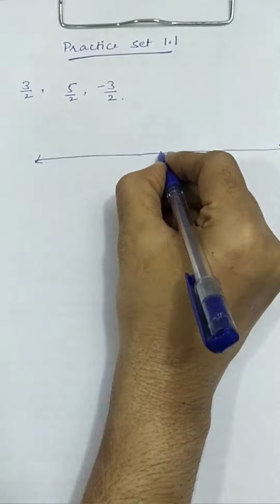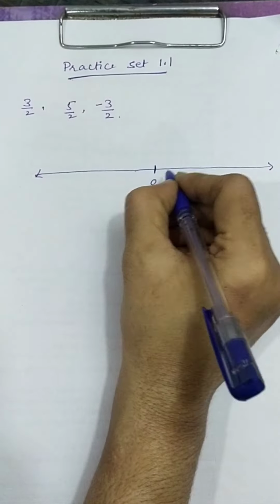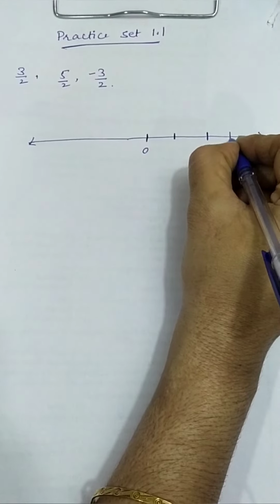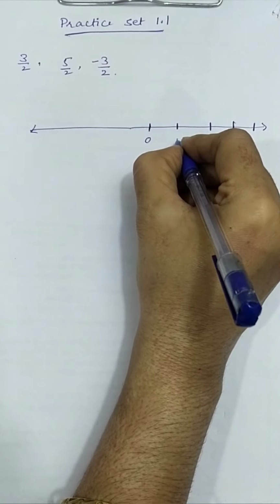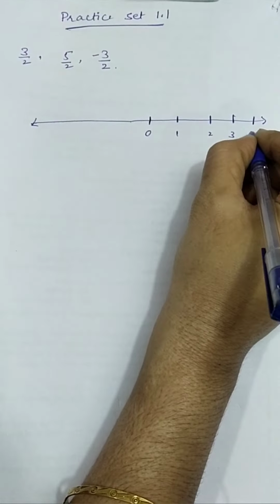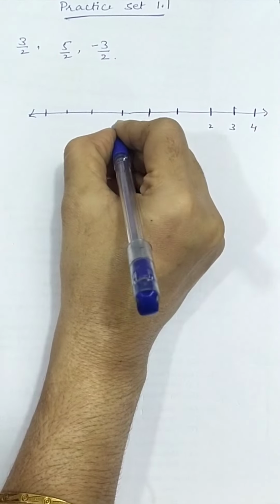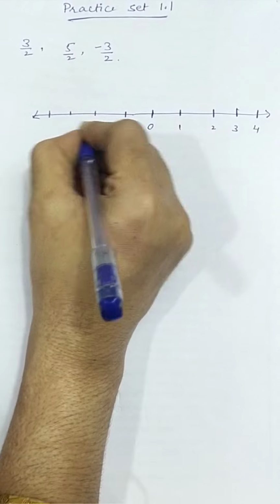At the center there will be 0, then 1, 2, 3, 4, positive numbers. Here, negative numbers.